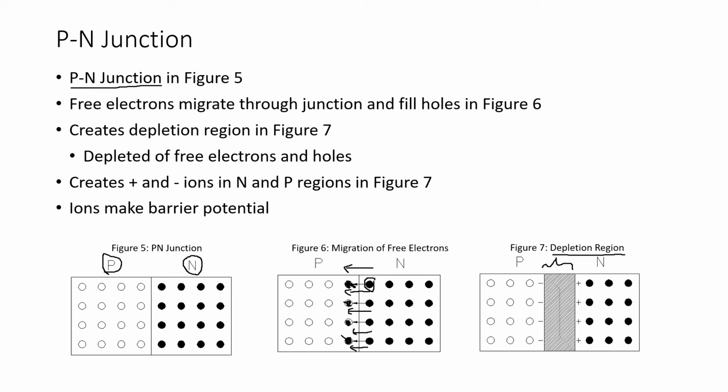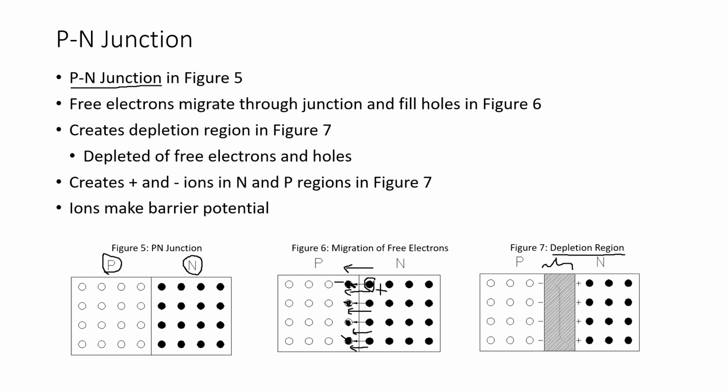Now what happens is that, of course, when this particular atom right here loses a free electron, it now has fewer electrons than it does protons, and we're left with a positive ion. And this atom on the left side has gained an electron, so it has more electrons than protons, and it becomes a negative ion.